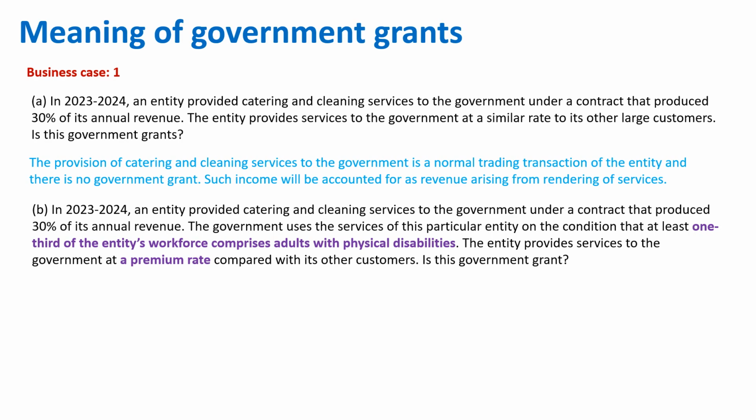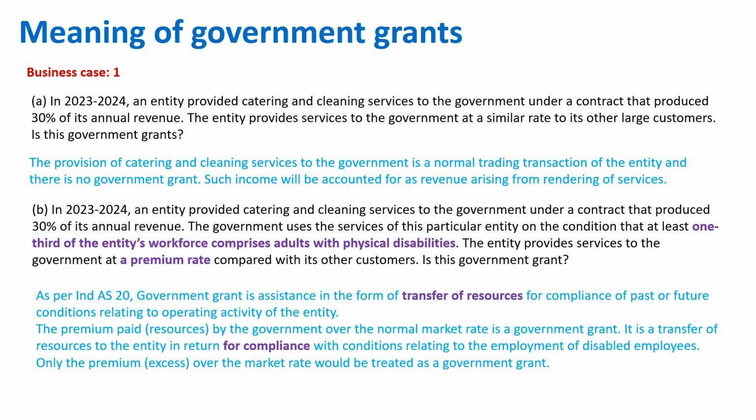So let's see what is the answer. As per Ind AS 20, a government grant is assistance in the form of transfer of resources for compliance with past or future conditions relating to the operating activity of the entity. The premium paid by the government over the normal rate is the government grant. It is a transfer of resources to the entity in return for compliance with conditions relating to employment of disabled employees.